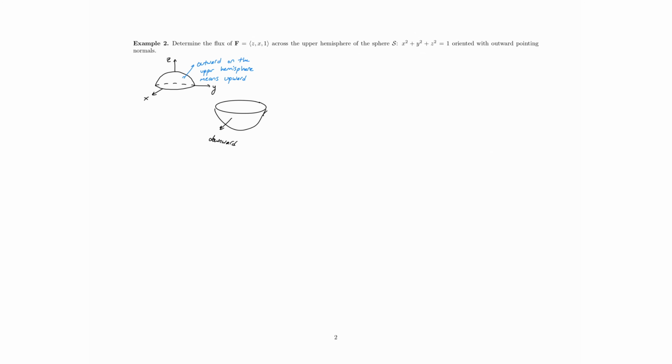So outward can mean upward or downward depending on which half of the sphere you are on. So just being really clear here, for us, outward will be translated to mean upward. In other words, z component should be positive.